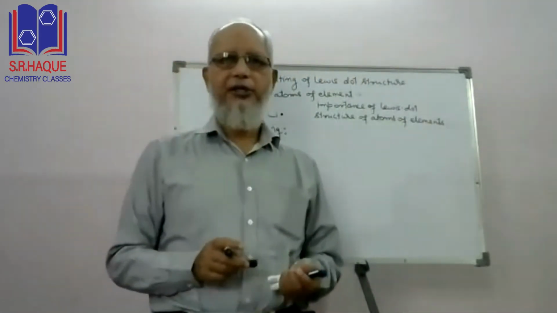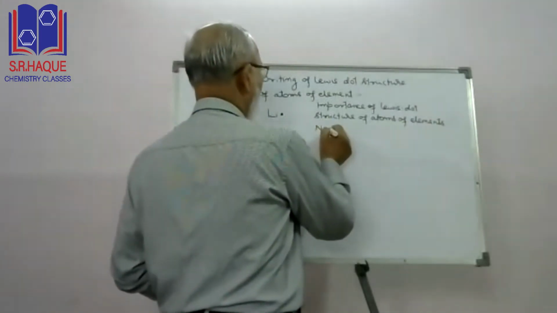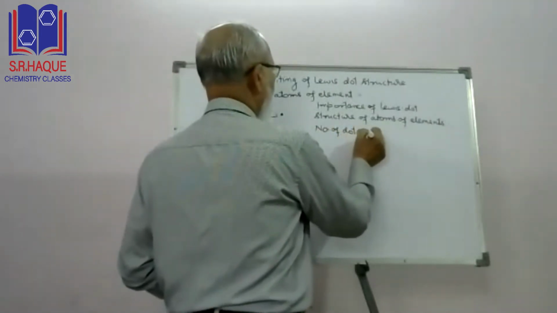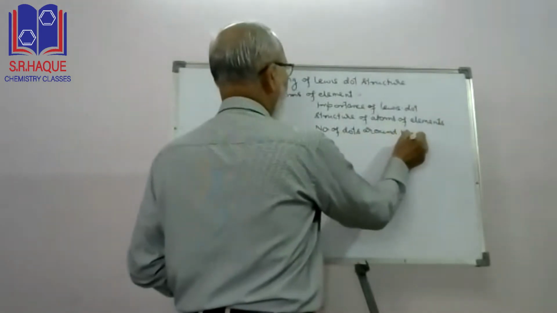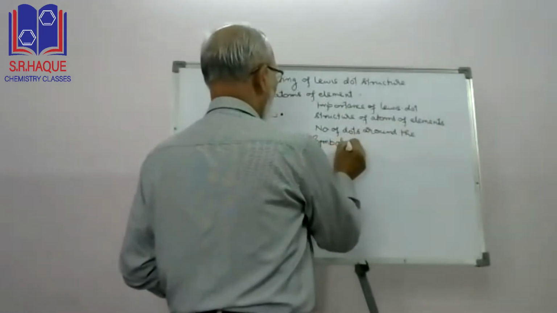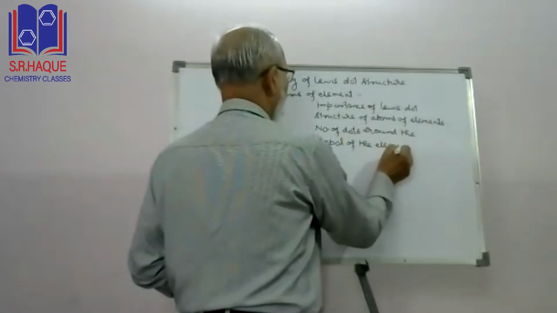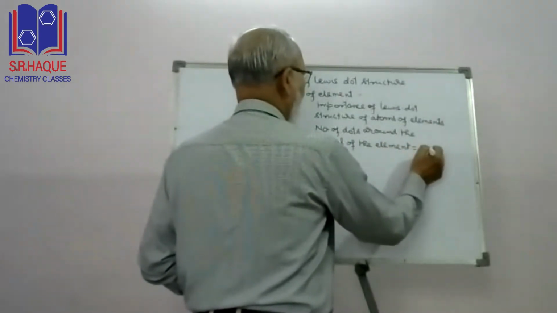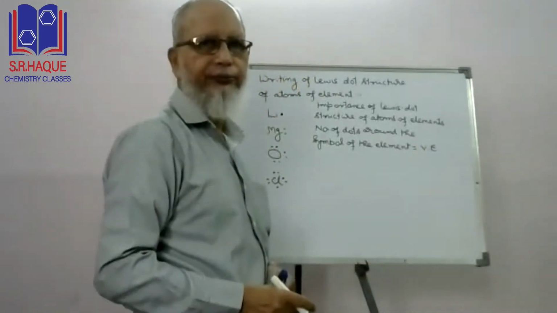The number of dots around the symbol of the element is equal to the valence electrons, meaning the electrons present in the outermost shell.